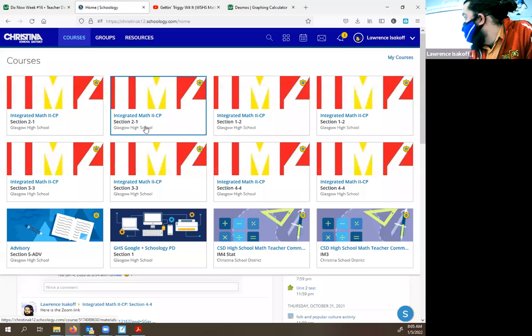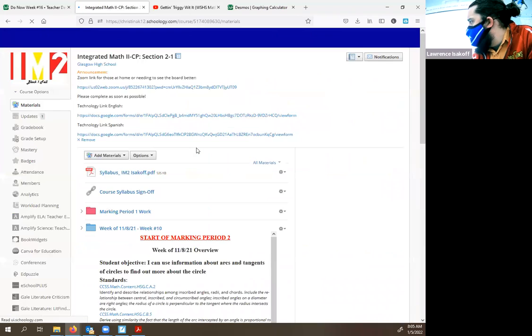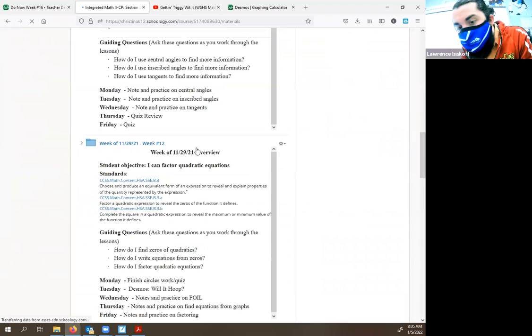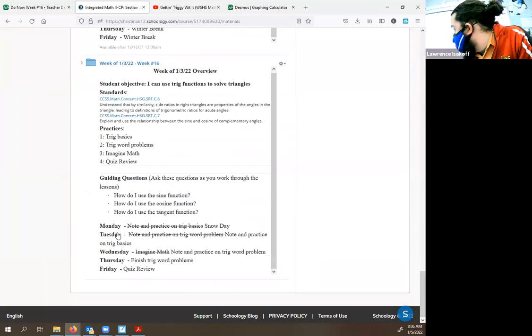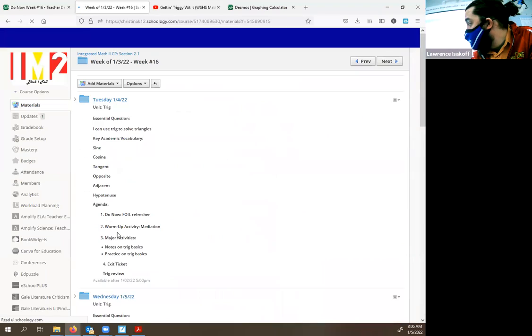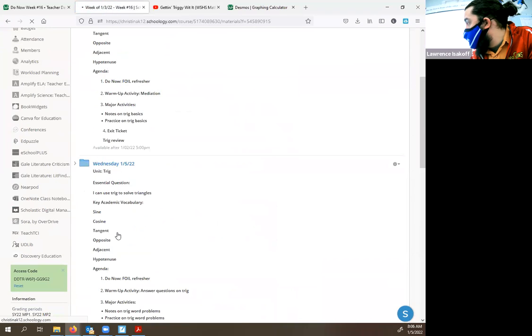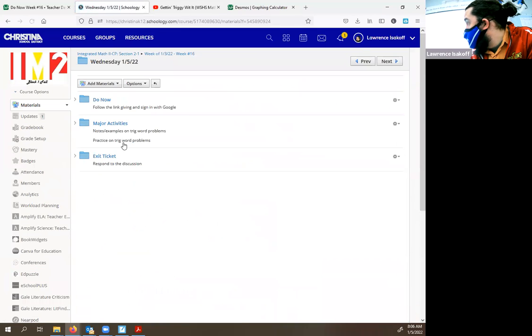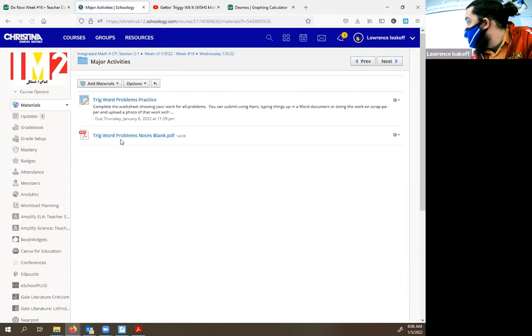So again, if we go into our folder, everything is fixed up from yesterday. If we go into our work for Wednesday and major activities, you see the blank notes. I'll put the completed up in a little bit along with the work.